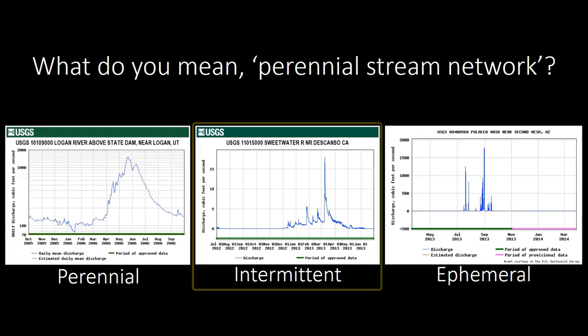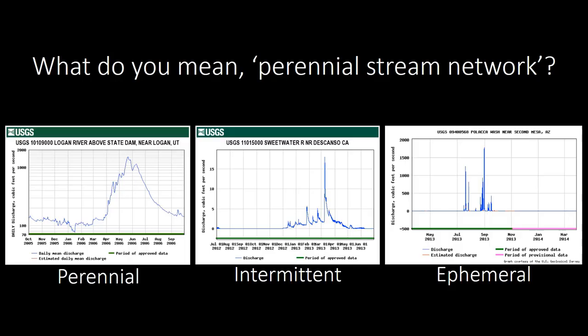In an intermittent or seasonal stream, flow is only going to occur at certain times of the year when it receives water from, say, springs or from other surface sources, such as during snow melt. You can see in the middle hydrograph, for the beginning of the water year, there is no flow, the base flow is 0, but then between January and June, there is some flow that's likely due to snow melt in that case.